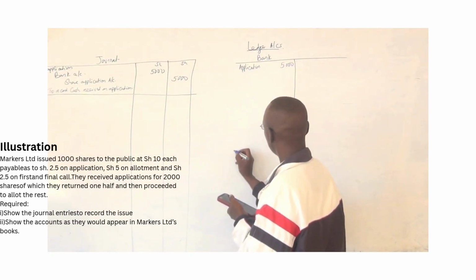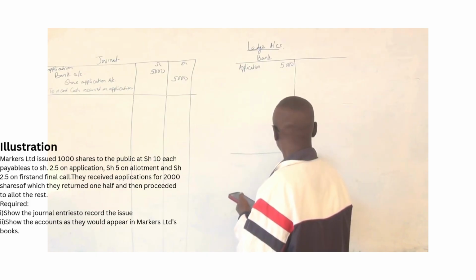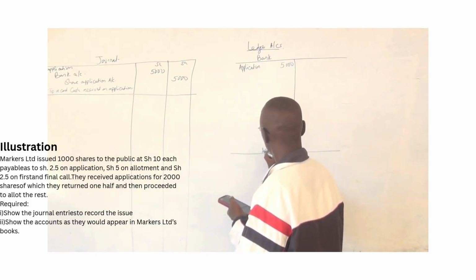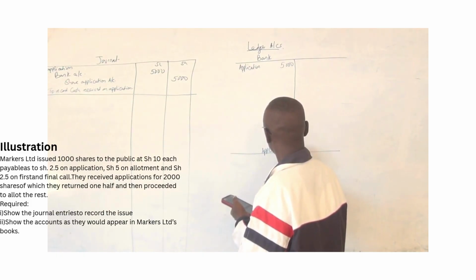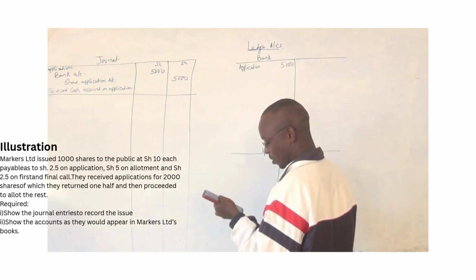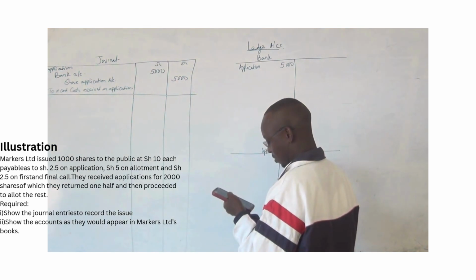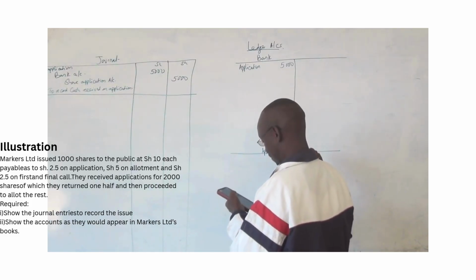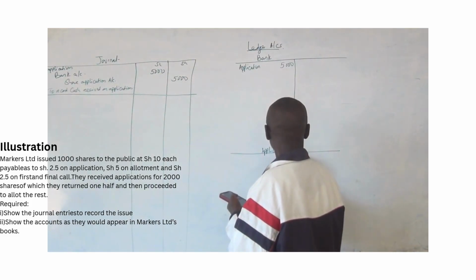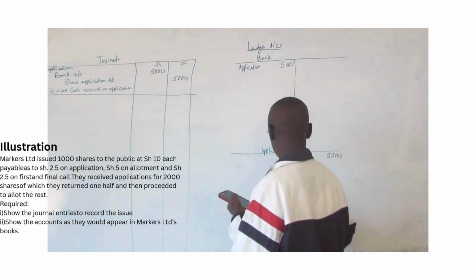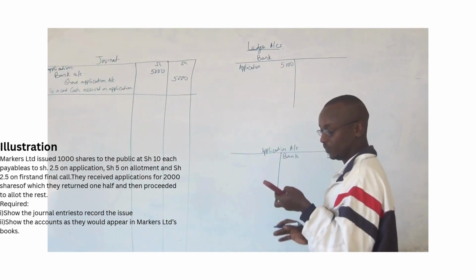Then you have the application account. There is the amount received, bank, 5,000. That is it.